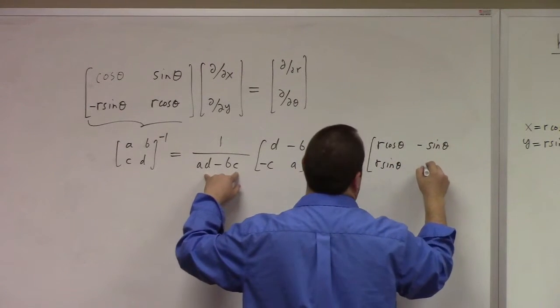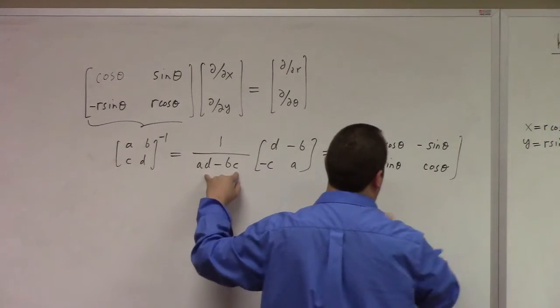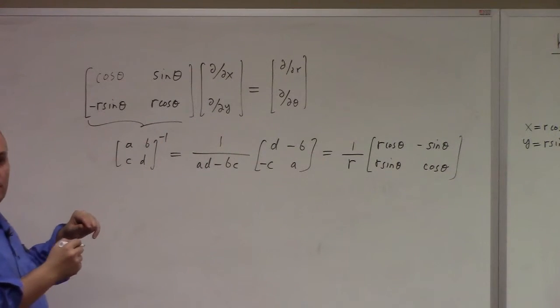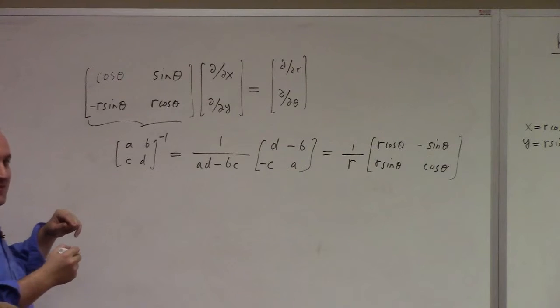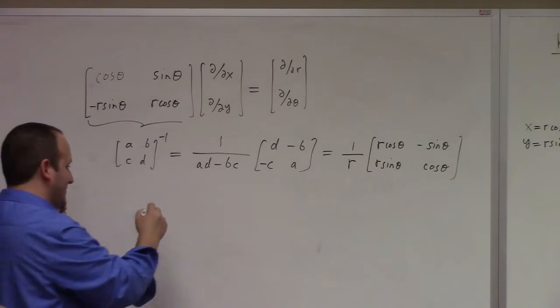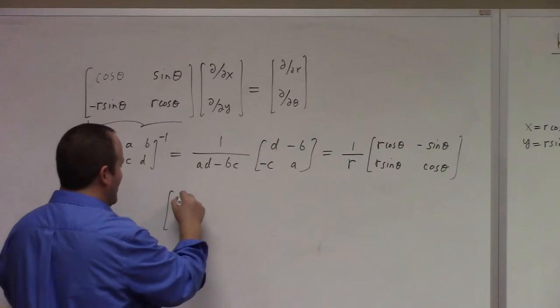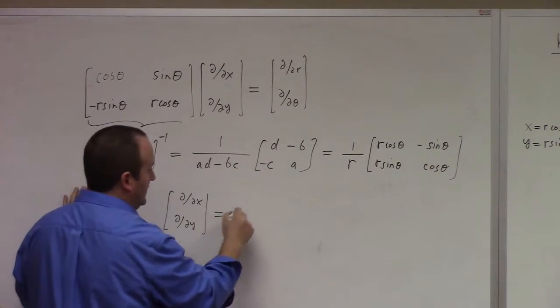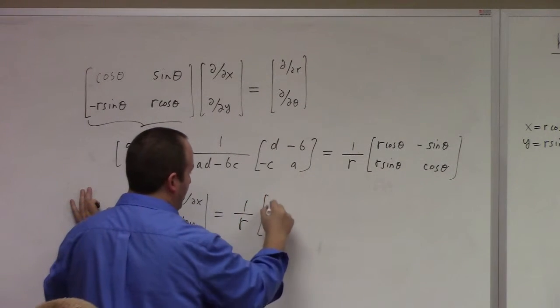And then I've got myself a cosine theta here. So there you go. That's the inverse matrix. So partial x, partial y is equal to 1 over r times that matrix.